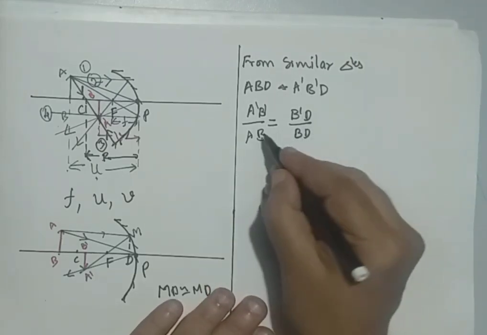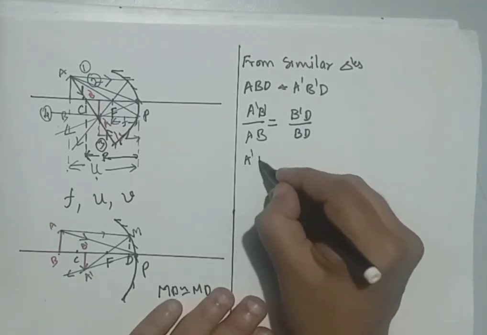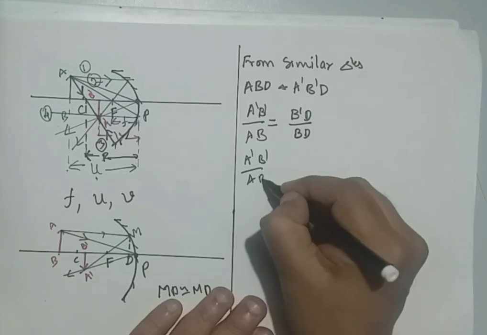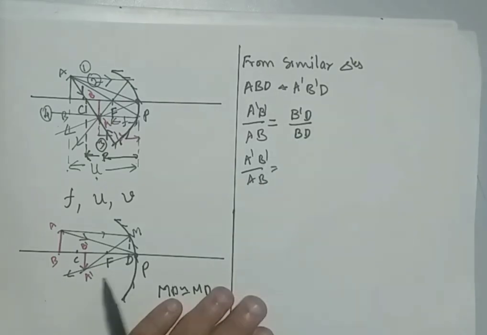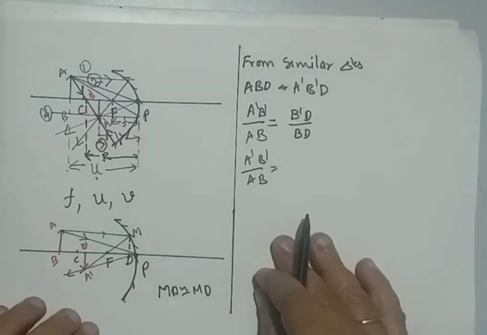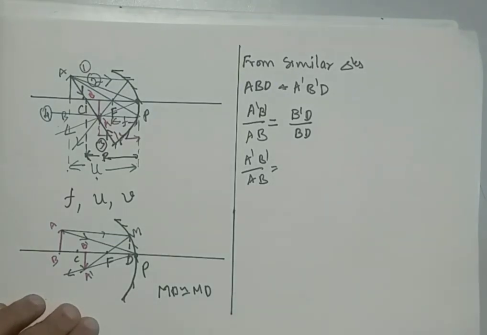Now observe, A dash B dash, let me write it as it is. AB also I write as it is. But B dash D, from the figure, we can write as image distance. Remember always, D coincides with P for paraxial rays, very parallel rays very close to the principal axis.